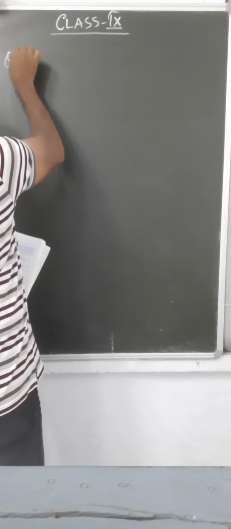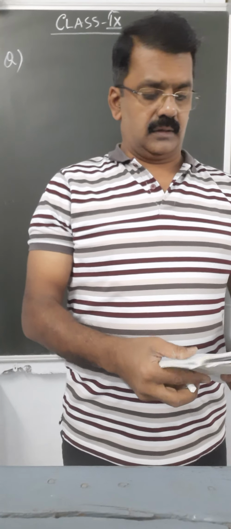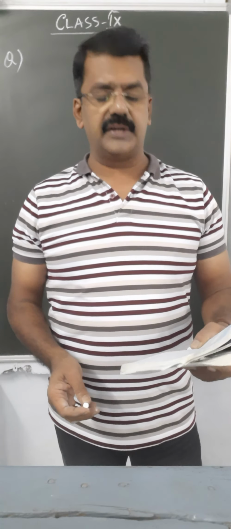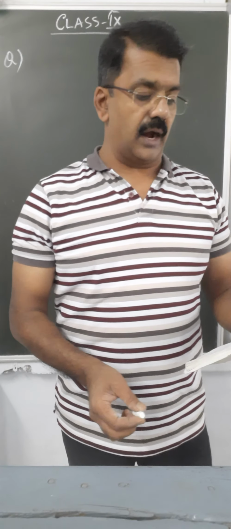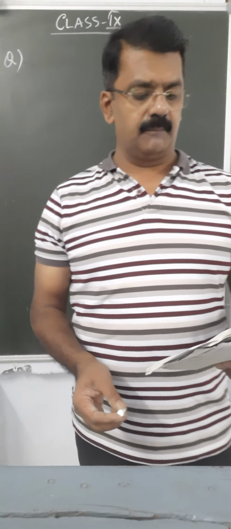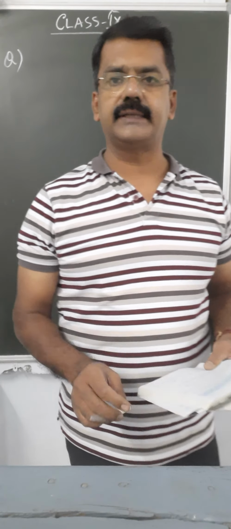So, the first question is: the record of a weather station shows that out of the past 250 consecutive days, its weather forecasts were correct 175 times.